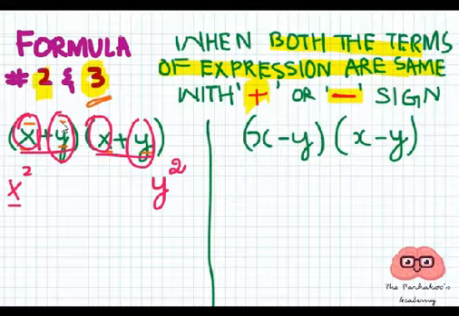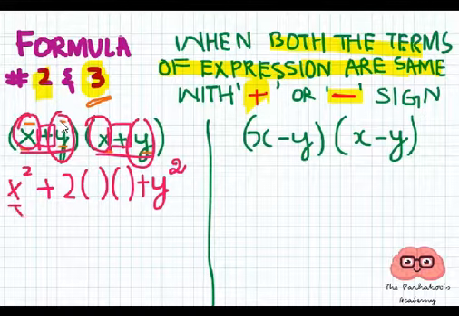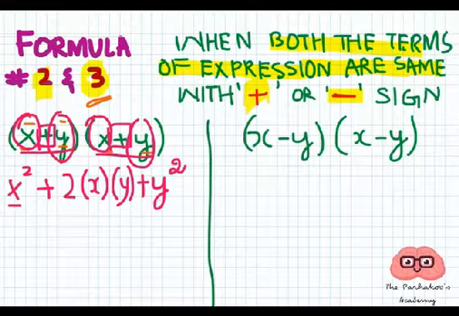And since we have a plus here, we put a plus and 2, and take the product of both the terms, first and second term, so xy. And that's it. Isn't it easy?